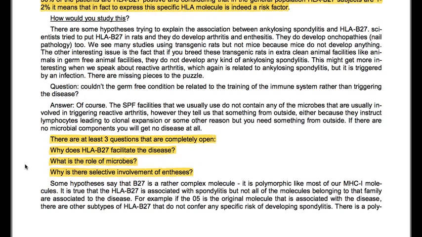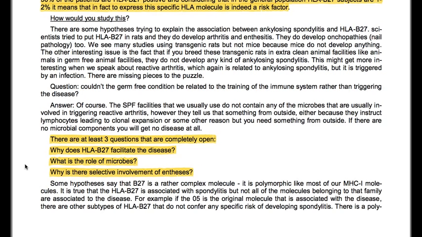Some hypotheses say that B27 is a rather complex molecule. It is polymorphic like most of our MHC class I molecules. It is true that HLA-B27 is associated with spondylitis, but not all of the molecules belonging to that family are associated with the disease.